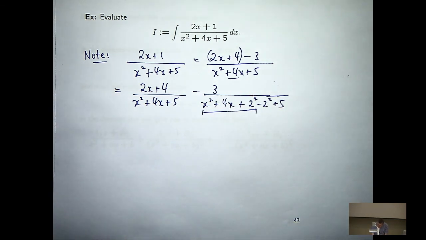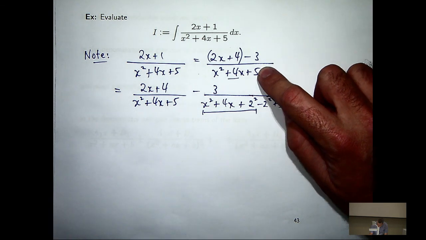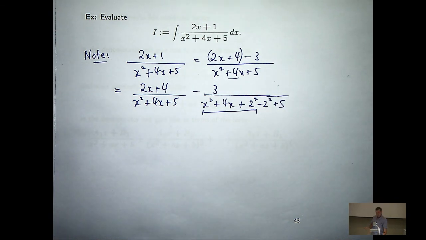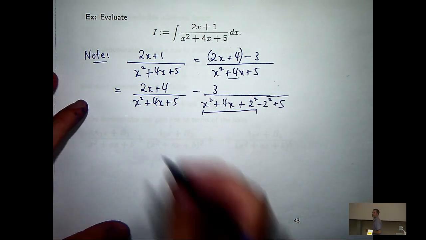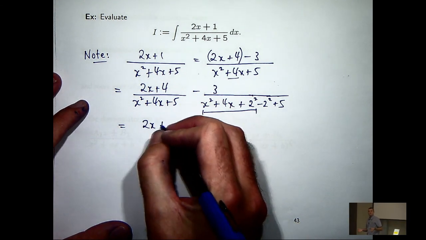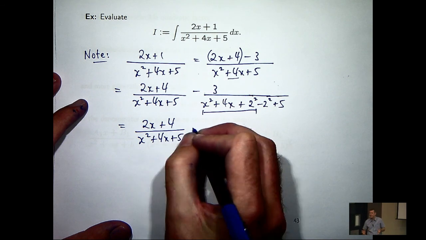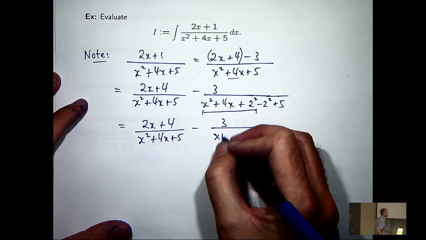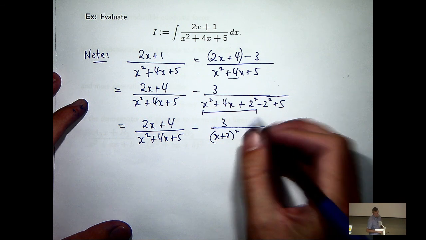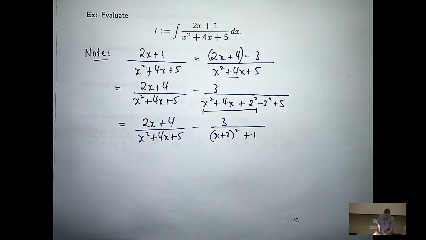I've got a perfect square in the first 3 terms. Now you could argue, well, I can just break the 5 up and get 4 plus 1. Yeah, sure, you could do that. Okay, so now we can integrate both of those terms.